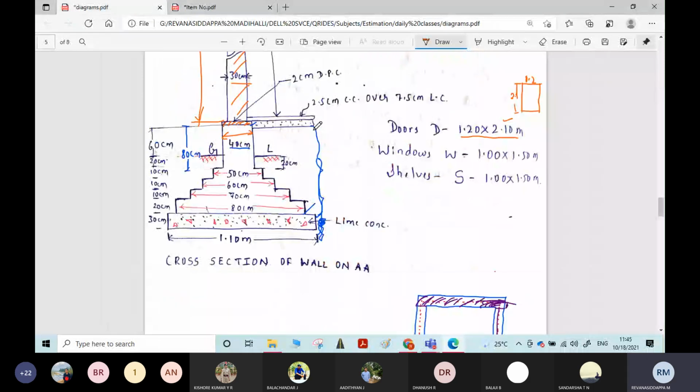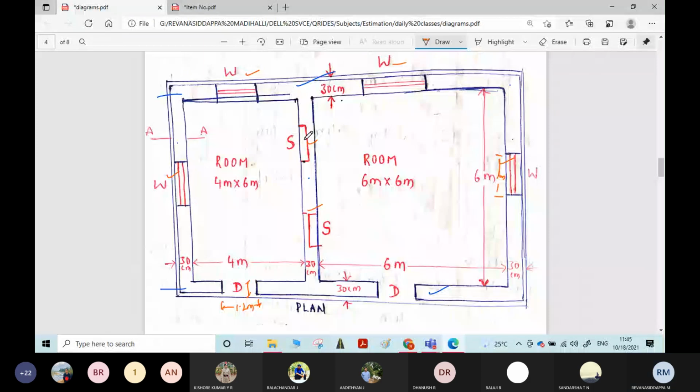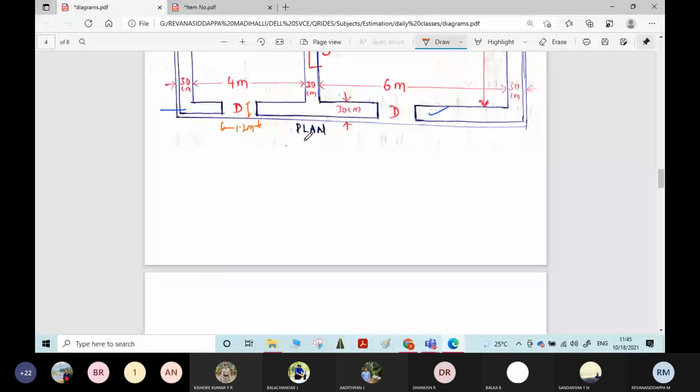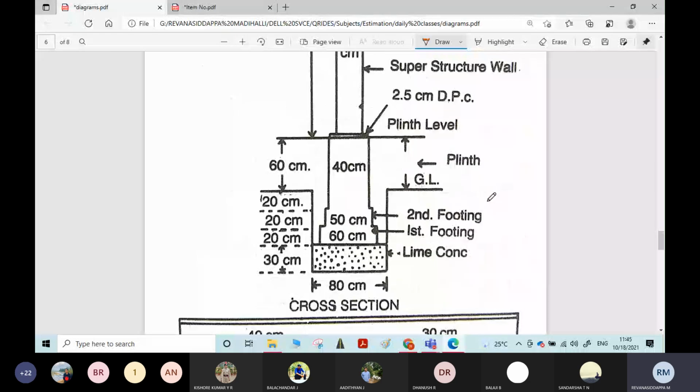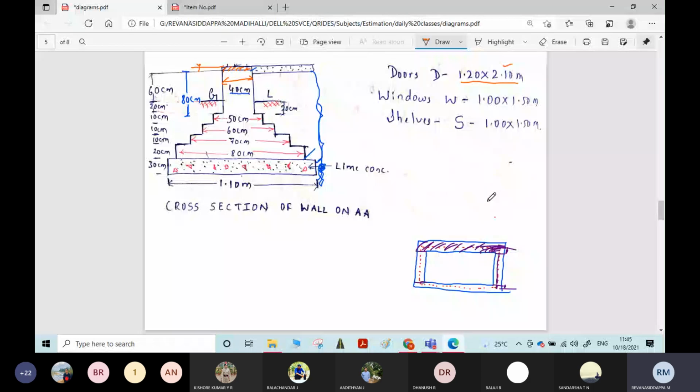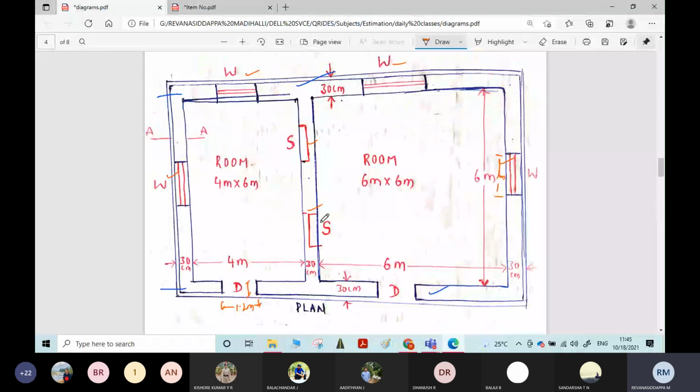The dimension of the shelves is given: 1 meter by 1.5 meter. The thickness of the shelves is not given in the problem, so we will assume some thickness.